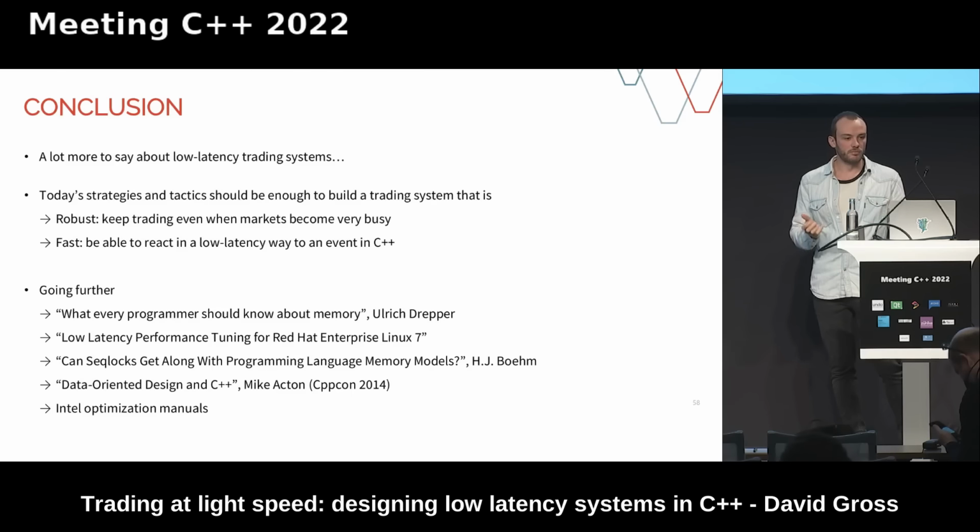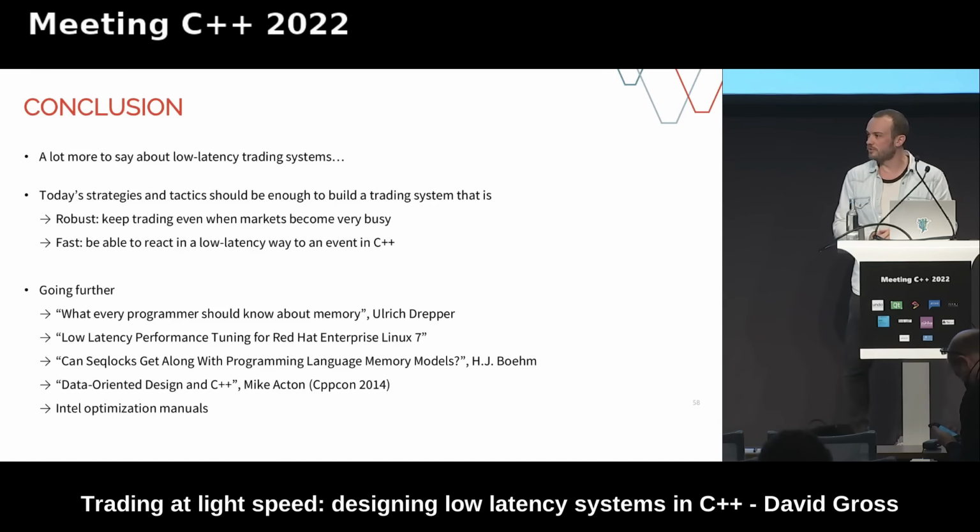And then, some others, I really always like Mike Acton's talk at CppCon already 8 years ago about data-oriented design. I think it's a great talk. And on the paper about SeqLock, if you're interested, as I said, it's quite tricky to do in C++. So there is a full paper about how to do that correctly in C++.